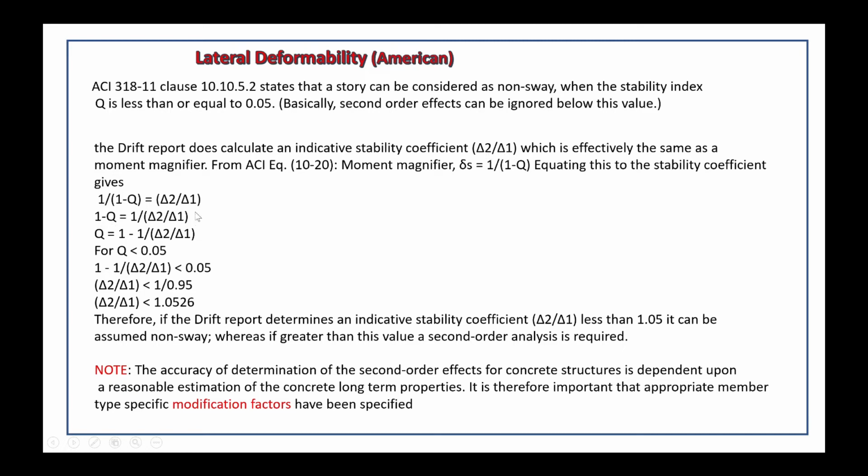So you can calculate the value of delta 2 over delta 1 is less than 1.0526.